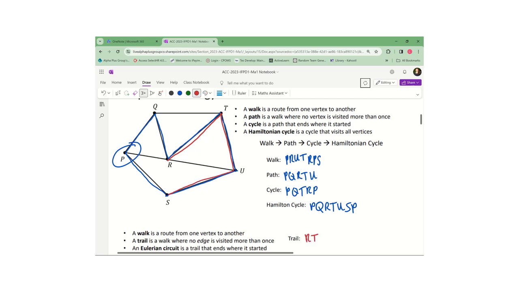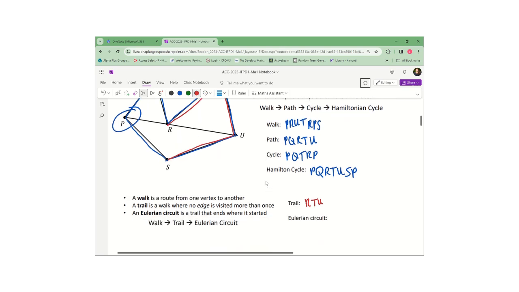R, T, U, S. I just want a route from one vertex to another with no repeated edges. Sorry, there should be an S there.